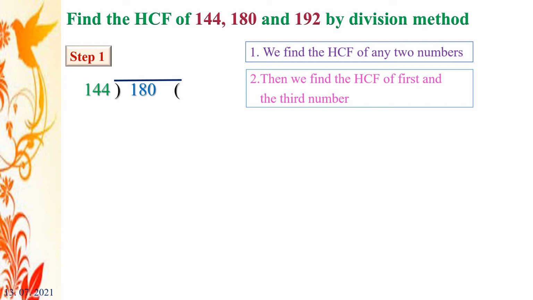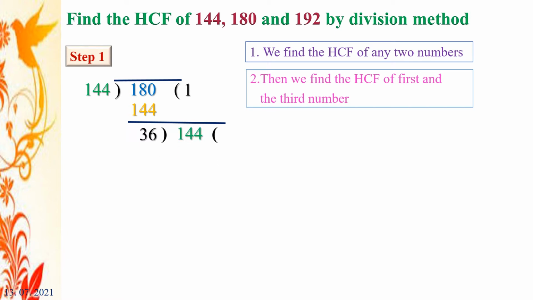How many times do we have 144 in 180? We have only one time. Then write 144. Now subtract. We'll get the remainder 36. Now divide the divisor by the remainder. Here the divisor is 144 and the remainder is 36.